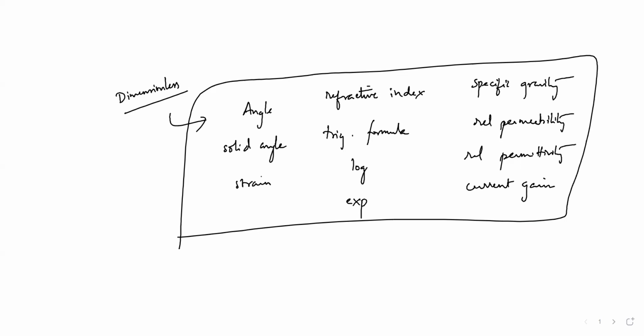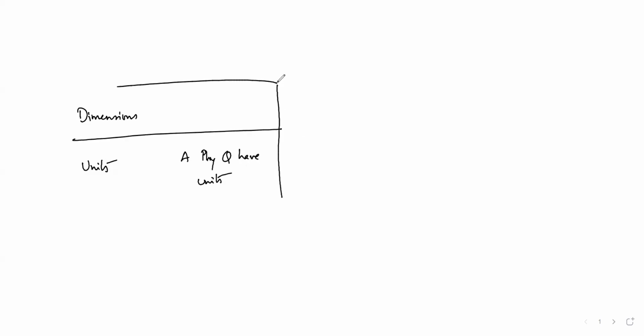I'll just give you one small table. This will be helpful for you. Let us say I am talking about dimensions and units. If I say a physical quantity has units, then what does it tell about the dimensions of that physical quantity?